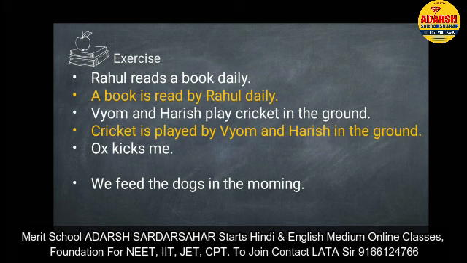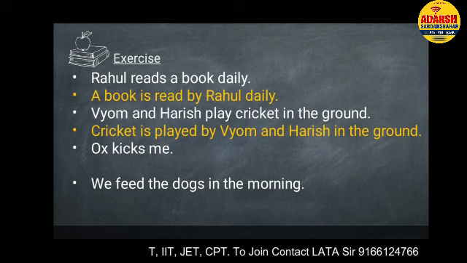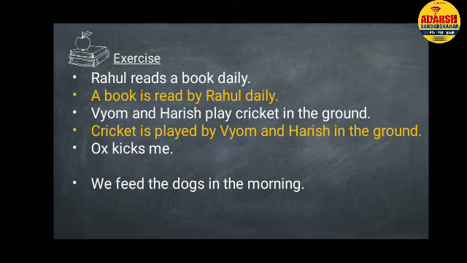Now, our next example is: ox kicks me. Now, here our subject is ox, verb is kicks and our object is me. Now, pay attention here. As I told you, if our subject is a pronoun, then we change its subjective form to objective form while we are replacing subject with object.